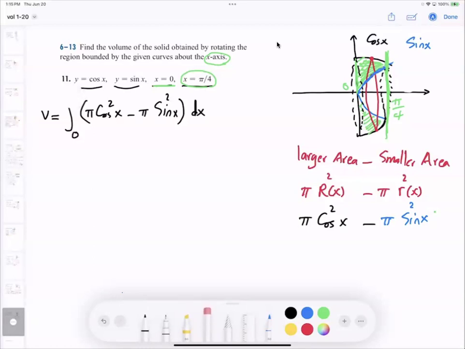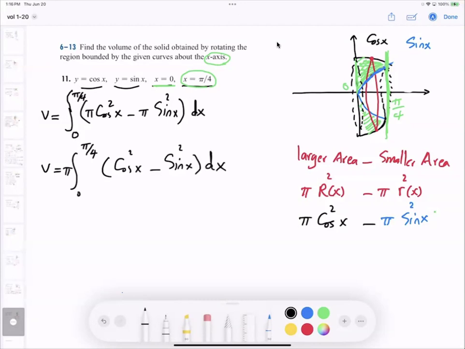I'll write it a little bit nicer. So the volume is the definite integral from 0 to pi over 4. You can factor out pi and write it outside. You get cosine squared of x minus sine squared of x dx.